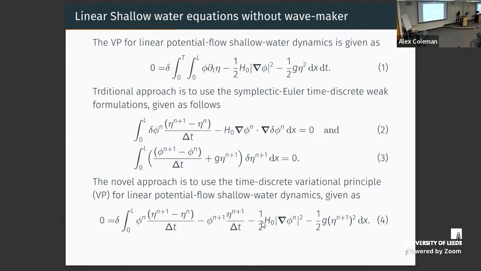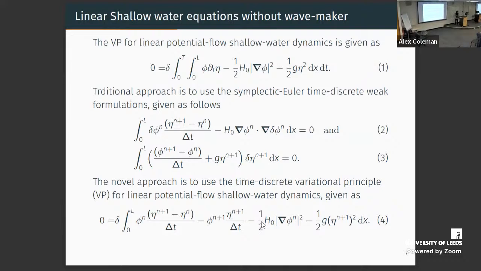You can see the variational principle as conservation of energy of the system, because we are dealing with how potential and kinetic energy are changing. The traditional way is to manually derive the equations by taking variations of the velocity potential and free surface to get equations 2 and 3, and then implement these two equations in our numerical model to get the results.